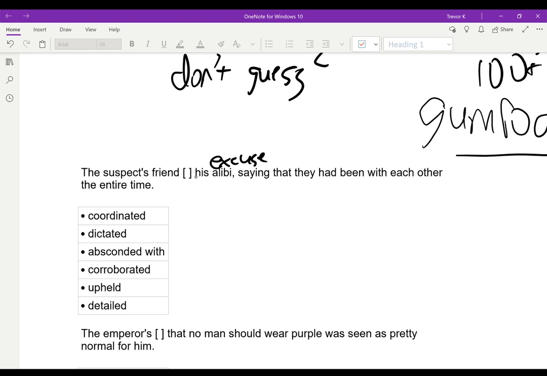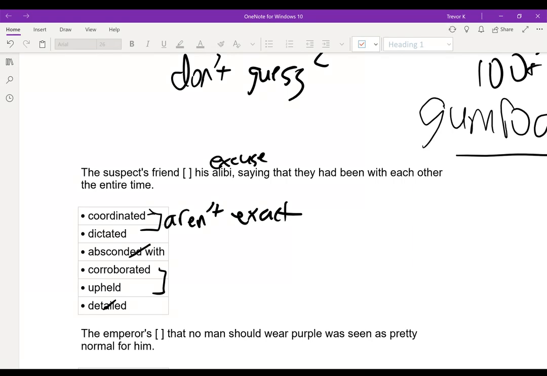We're looking for two words that mean the same thing. We get coordinated and dictated, and then we've got corroborated and upheld. Absconded with and detailed, neither one of those is going to fit in here. Coordinated and dictated aren't exact synonyms, but you might be tempted by them.